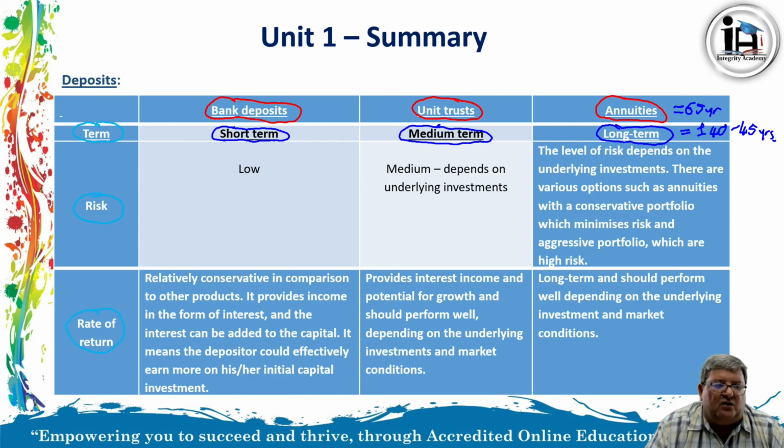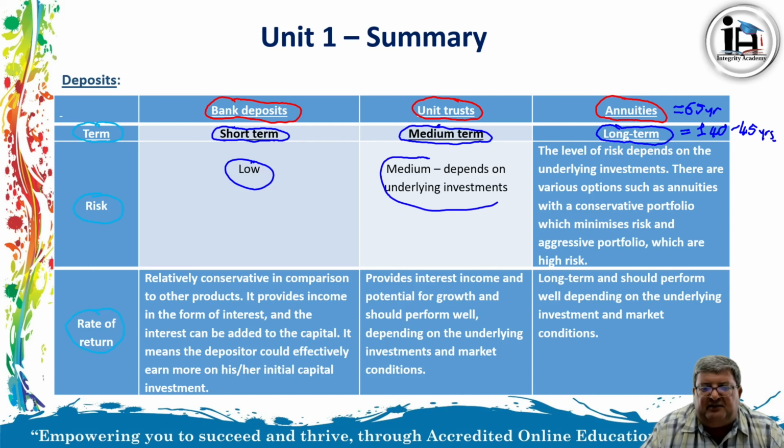What is the risk? Bank deposits, we all know it's very low risk. Unit trust is medium risk, depends on the underlying investments, and for annuities, the level of risk depends on the underlying investments. Where did they invest the money? There are various options such as annuities with a conservative portfolio.